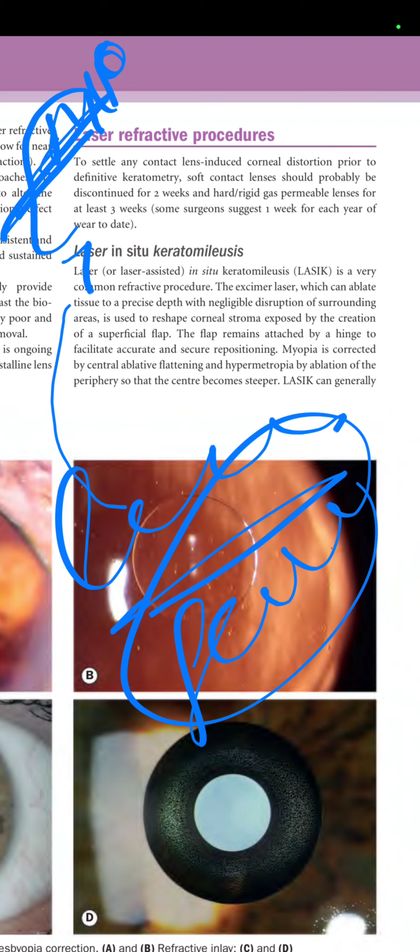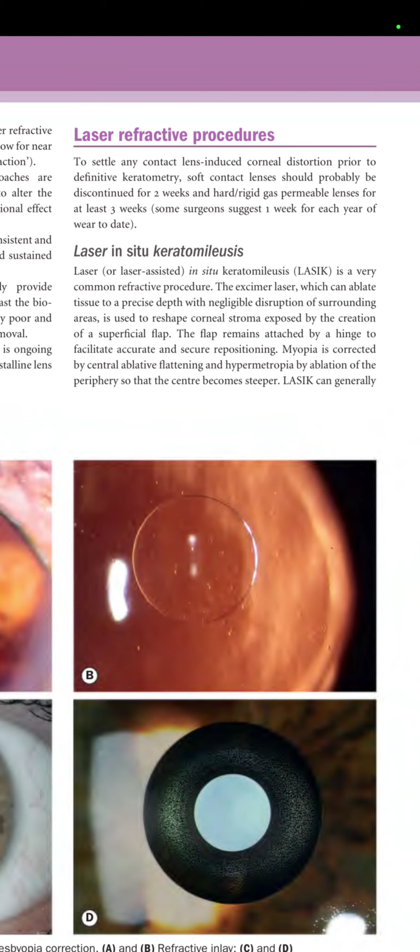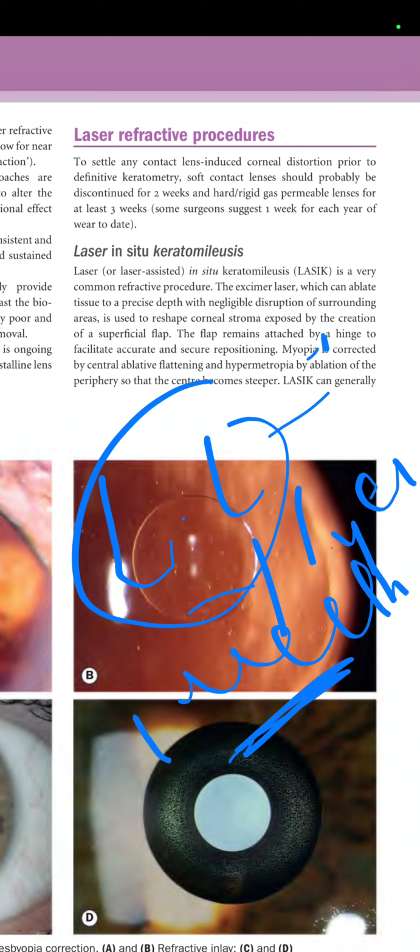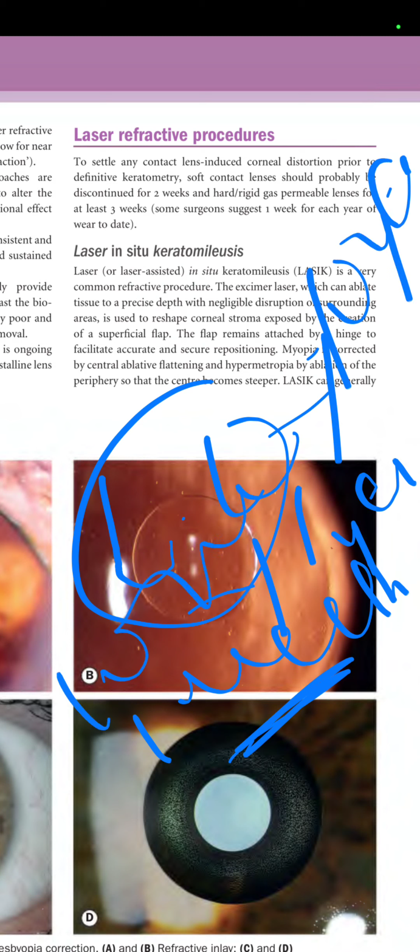So one should not wear the lens for at least 2 weeks for soft, and at least 3 weeks for hard gas permeable lenses. And some surgeons suggest, for example, if you wear contact lenses for 1 year, you should not wear them for 1 week before. And if you wear them for 10 years, you need to wait 10 weeks for the LASIK procedure.